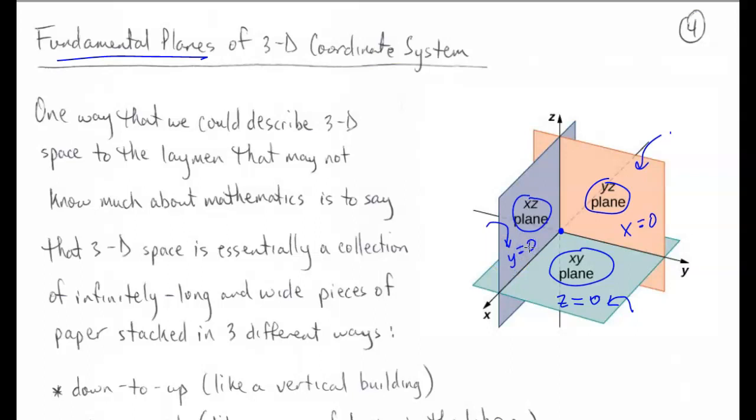Okay. Now, it is important to note that these are the only three planes that are defined by name like that. Okay. So in other words, the XY plane is by definition the plane of all points that look like this.